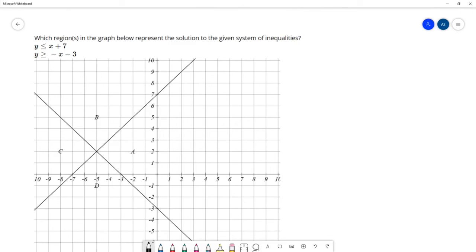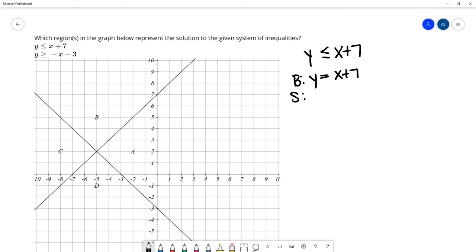So what I mean by that is that y is less than or equal to x plus 7 consists of a boundary, y equals x plus 7, and then we have some shading. And the boundary line has been drawn.